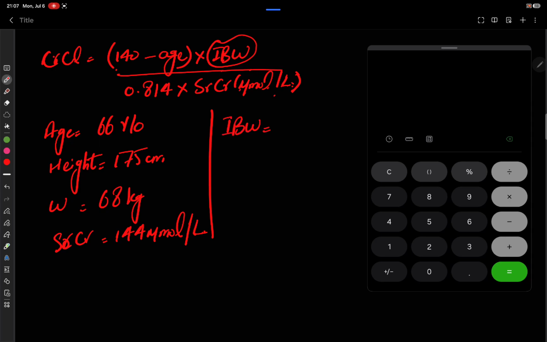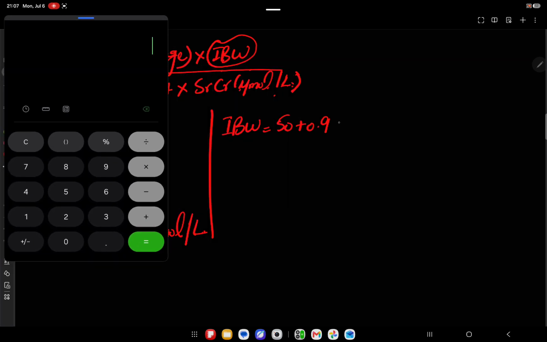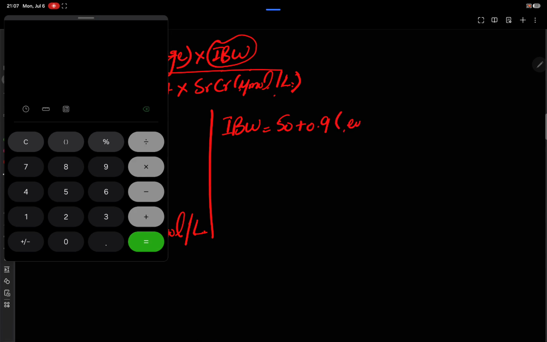Ideal body weight, in case of male, is 50 plus 0.9 into every centimeter above 152 centimeters. So ideal body weight will be equal to 50 plus 0.9.